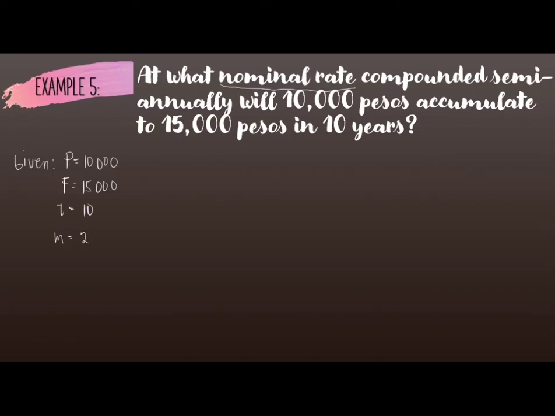Okay, so hindi natin makuha yung j o yung interest rate per conversion period kasi wala tayong rate. Then, pwede natin computein n. Yung n, t times m or 10 times 2, that is 20. So, formula for the nominal rate. Okay, so j is equal to m times the nth root of F over P minus 1.